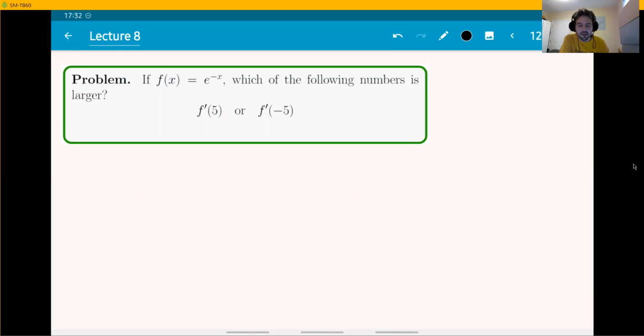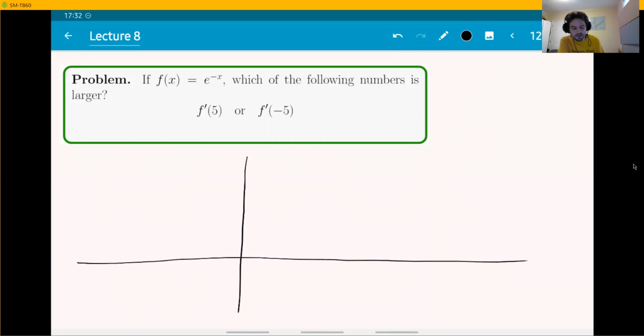And the answer is to look at the graph. We know what the derivative means in terms of the graph. You just need to remember what the graph of e to the minus x looks like. Well, e to the x, this one we should all know. It would have been this one, the graph that's just increasing all the way from 0 towards plus infinity.